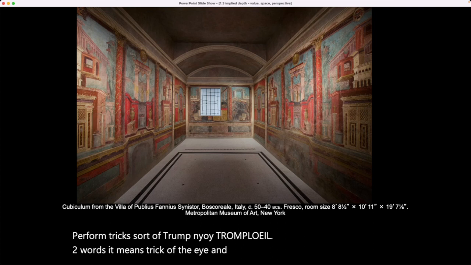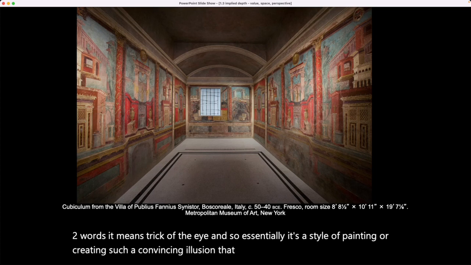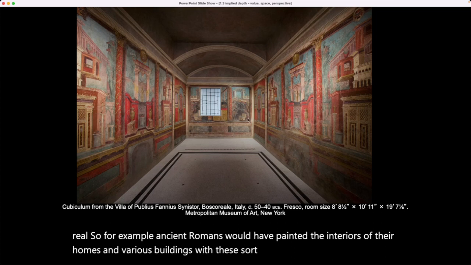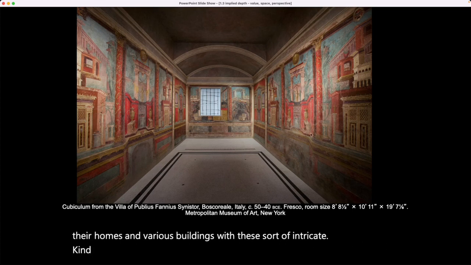And so essentially, it's a style of painting or creating such a convincing illusion that the viewer is tricked into thinking that it's real. So, for example, ancient Romans would have painted the interiors of their homes and various buildings with these intricate faux architectural spaces.